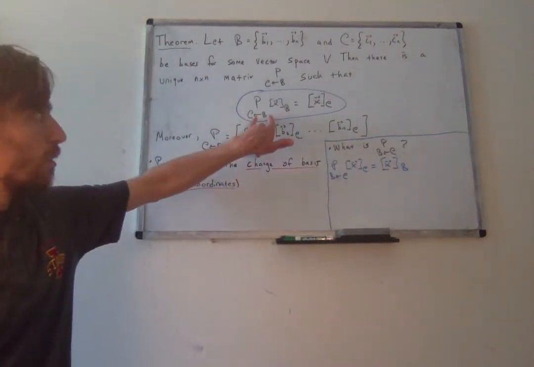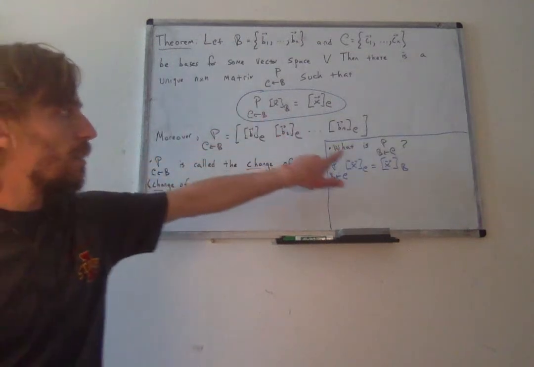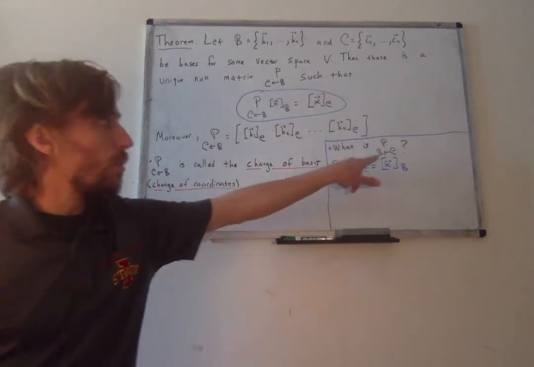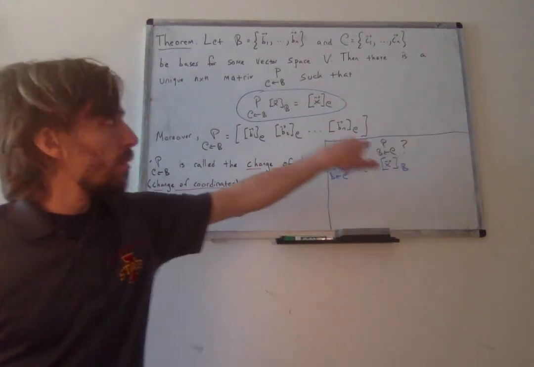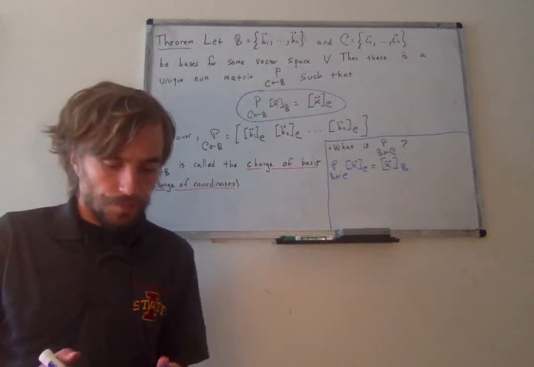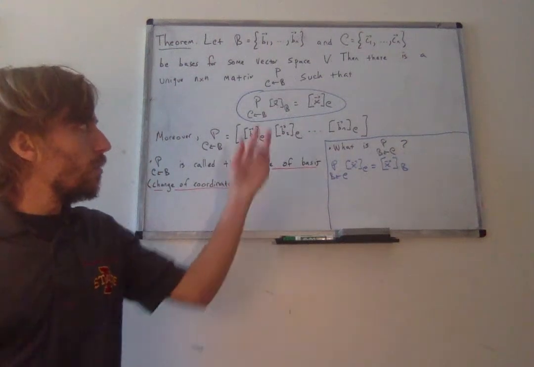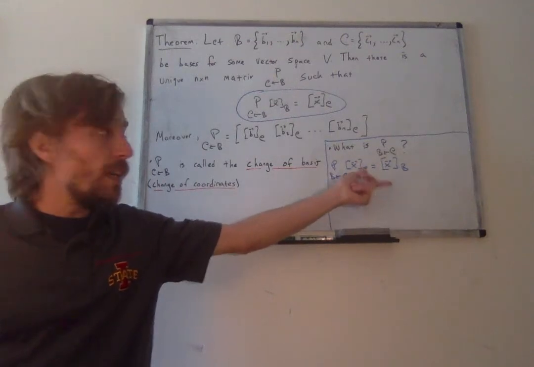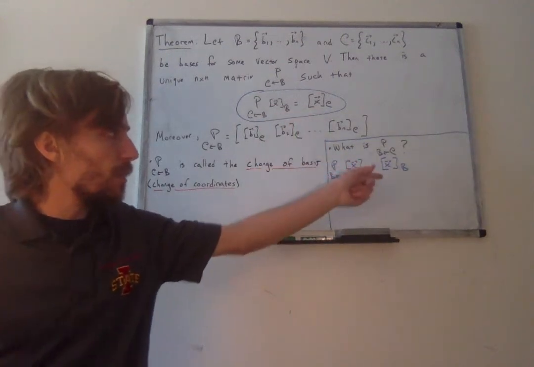So P sub B to C is doing the opposite of P sub C to B: taking C and sending it to B, whereas here we're taking B and sending it to C. The two vectors on either side of these equations look the same: x sub C, x sub B, x sub C, x sub B.